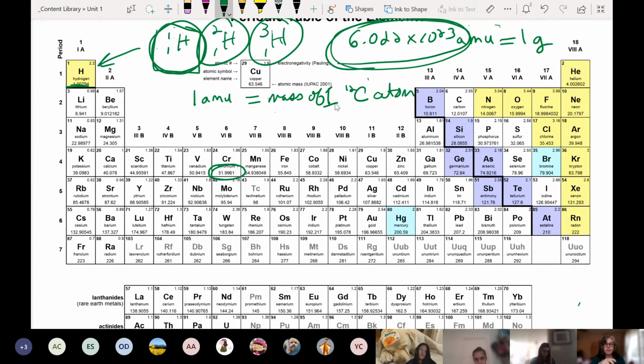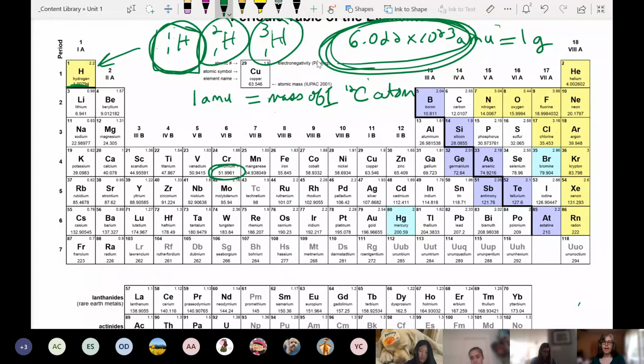So they isolate the isotope that's carbon-12, they put it on a scale and measure exactly 12 grams, and then they take that and they put it through a machine that counts particles. And when that machine counts the particles, the machine gets this many particles in there. So this Avogadro's number is based on carbon-12.